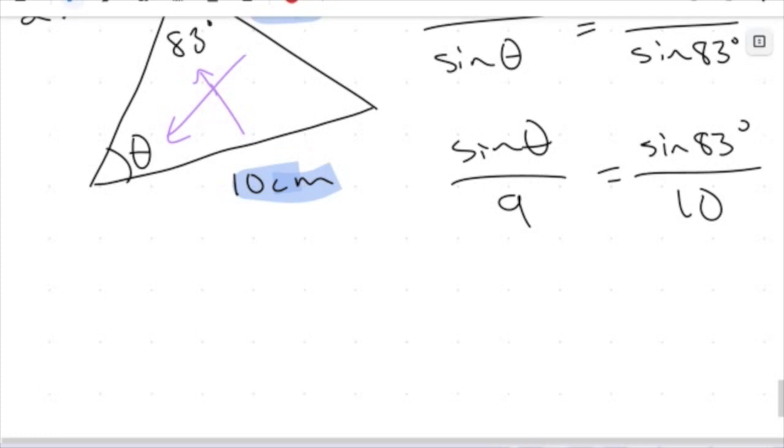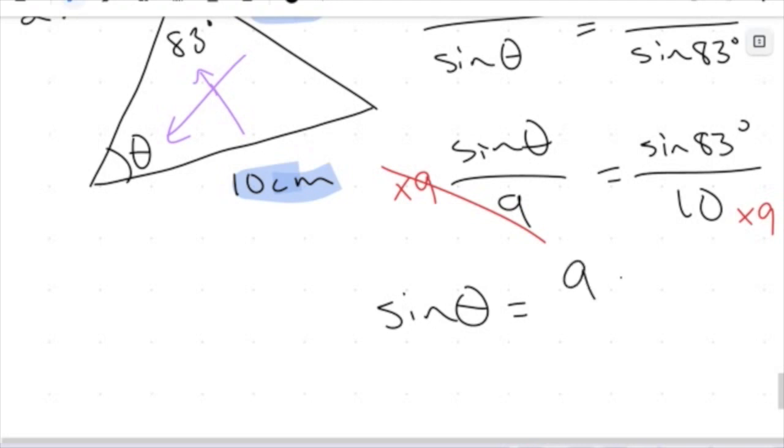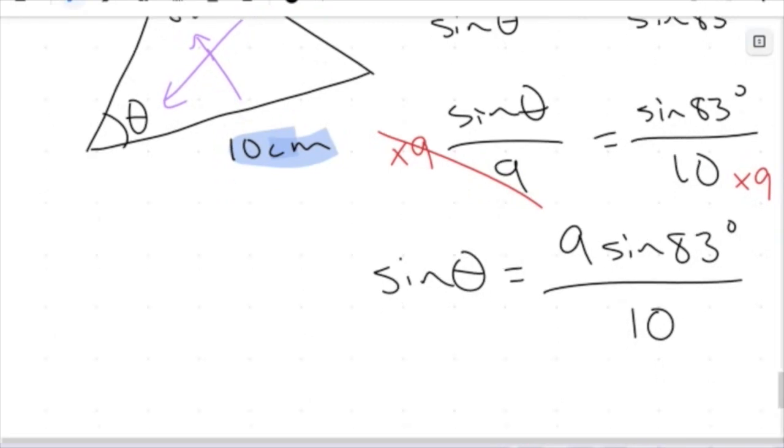So I just need to solve this equation now. I have sine theta divided by 9, so I can multiply both sides by 9. That clears the denominator here, leaving me with sine theta on its own. And 9 is getting multiplied to both sides, so it gets multiplied up on the numerator here. So we have 9 times sine of 83 over 10.